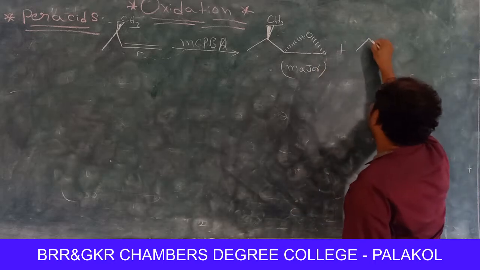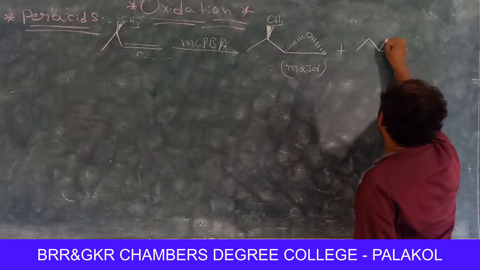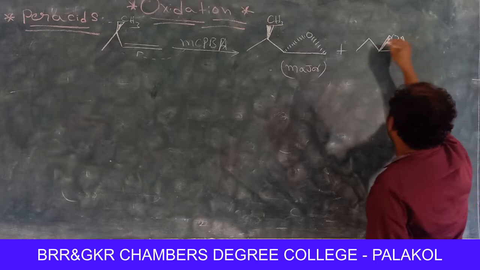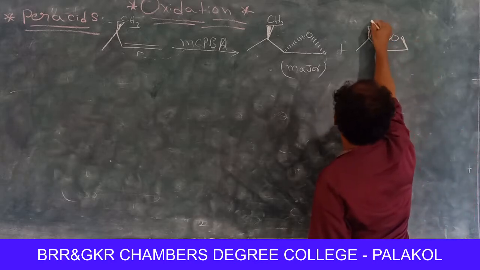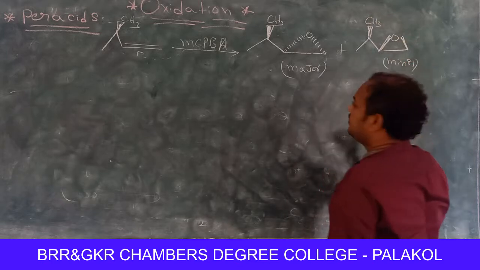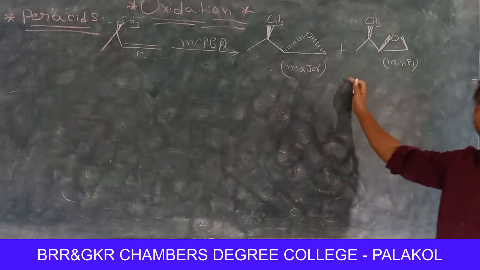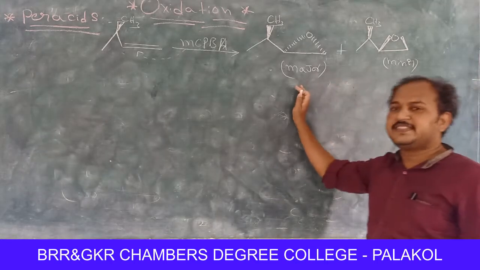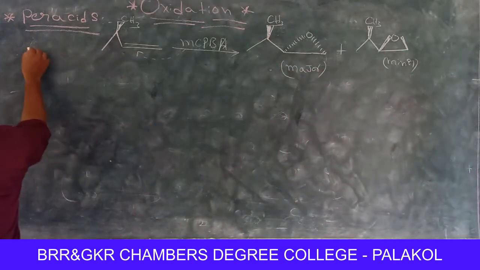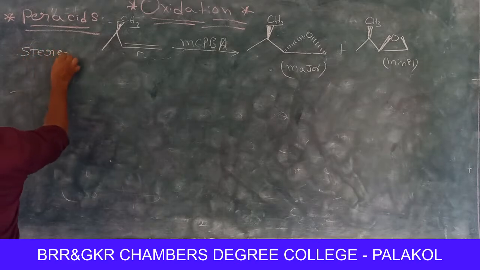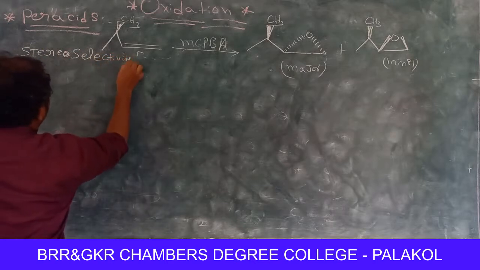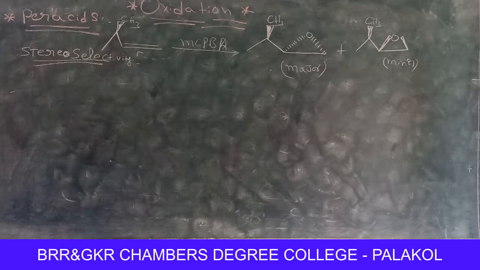And if we write one more product, that is from the above-plane epoxide, this is always the minor. Whenever we have major and minor, we can say the reaction is stereoselective, and what we are discussing is stereoselectivity.